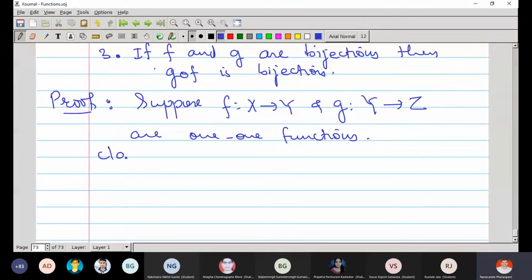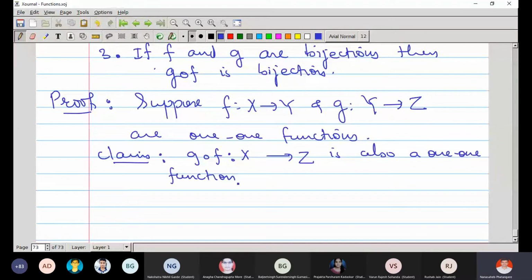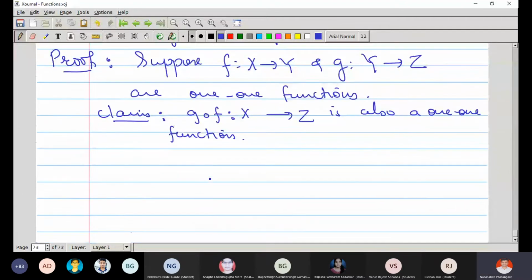What is our claim? G composite F, which is a function from X to Z, is also a 1-1 function. This is our claim. That is what we want to prove.